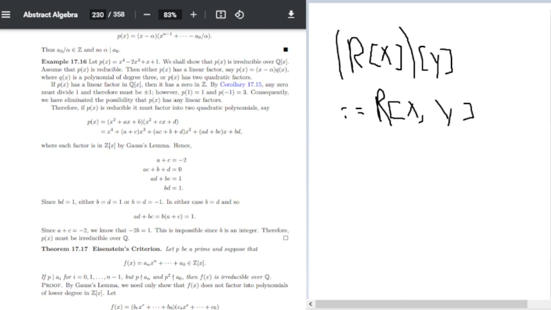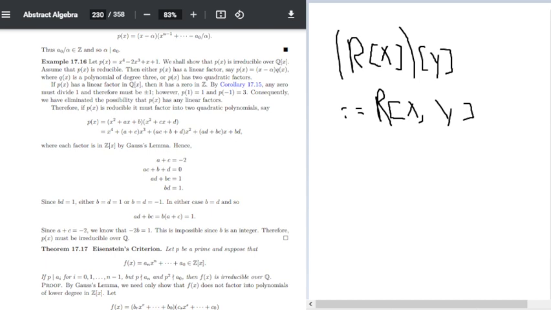If p of x has a linear factor in Q[x], then it must have a 0 in Z. By Corollary 17.15, any 0 must divide 1, and therefore must be plus or minus 1. However, p(1) is equal to 1, and p(-1) is equal to 3. Consequently, we have eliminated the possibility that p of x has any linear factors. Therefore, if p of x is reducible, it must factor into two quadratic polynomials.